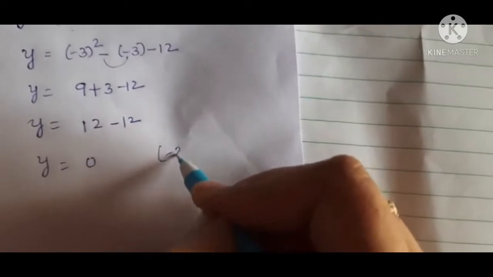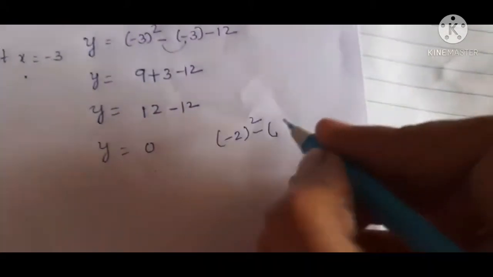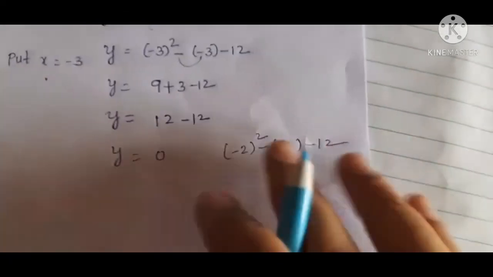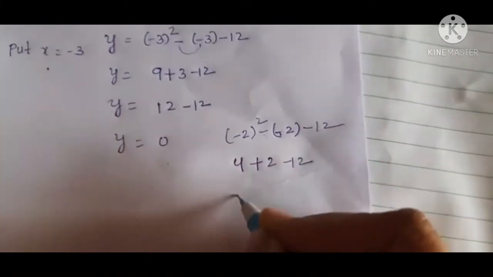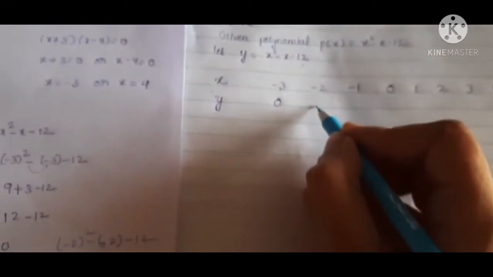You should follow the same procedure. So (minus 2) whole square minus of minus 2 minus 12. 2 square means 4, minus into minus plus 2, minus 12. So 6 minus 12 is minus 6. So when you substitute minus 2, you get minus 6.